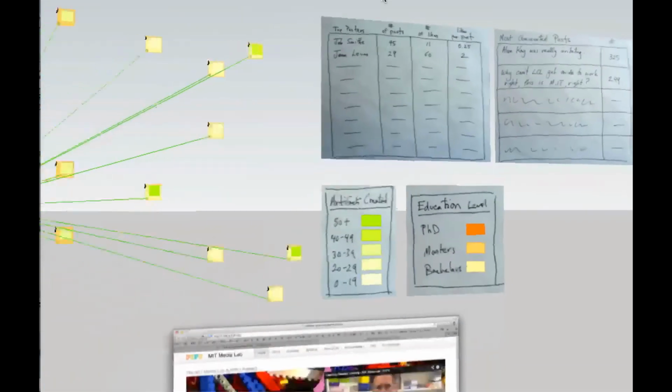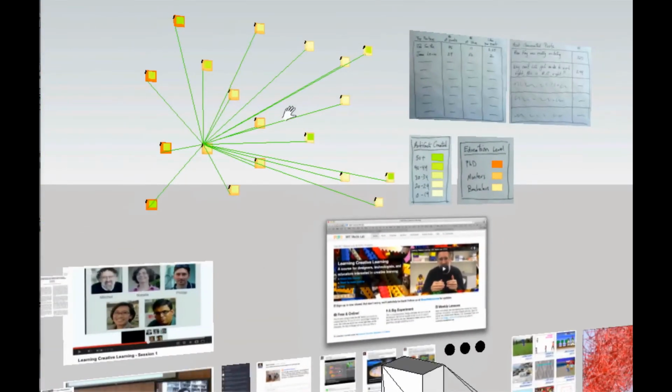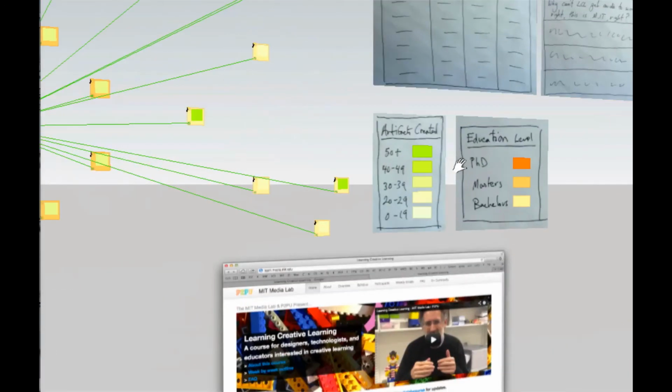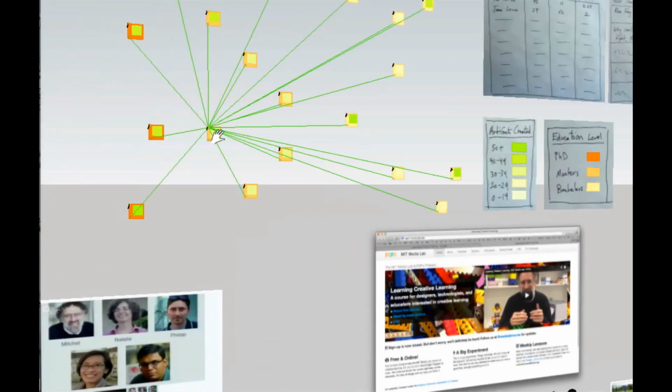All right, so in this case, the user is interested in just people who have commented on their posts, right? This is the user represented here. And they're interested in the people who've commented on their posts. The background level is the education, right?